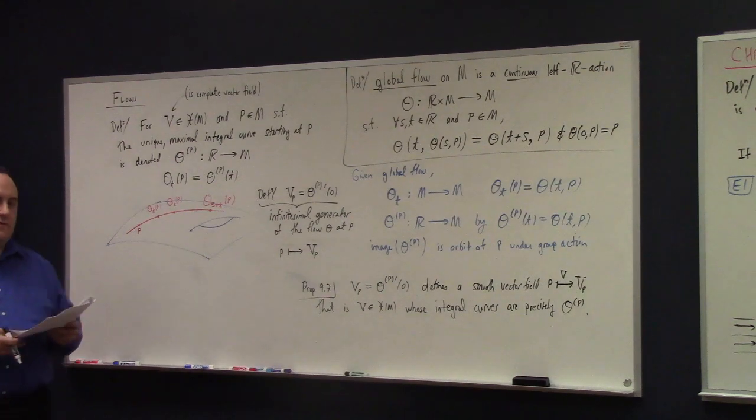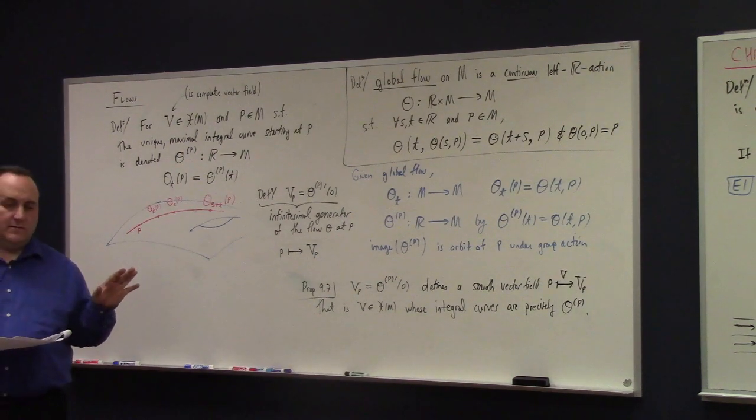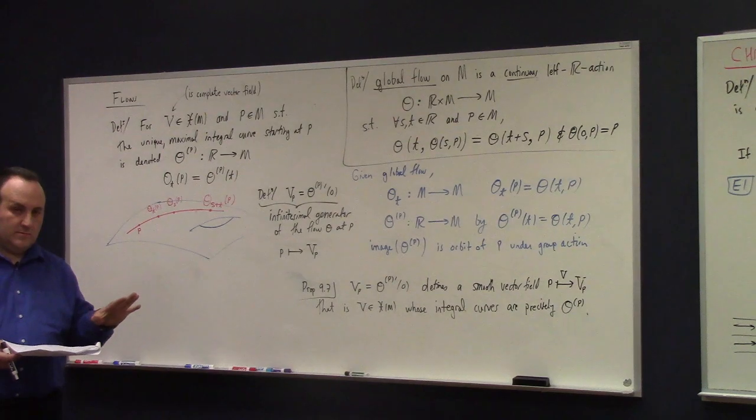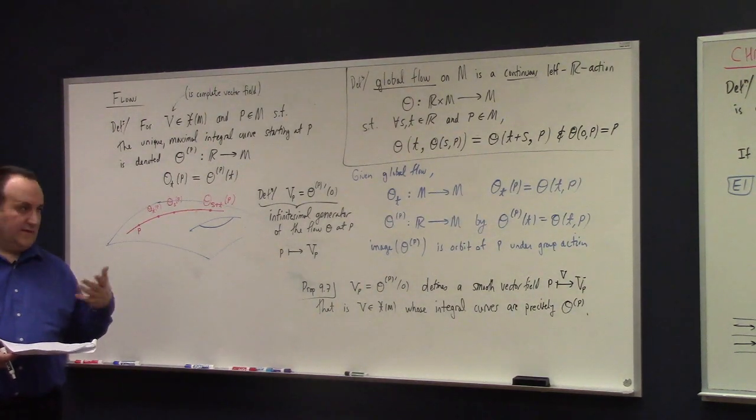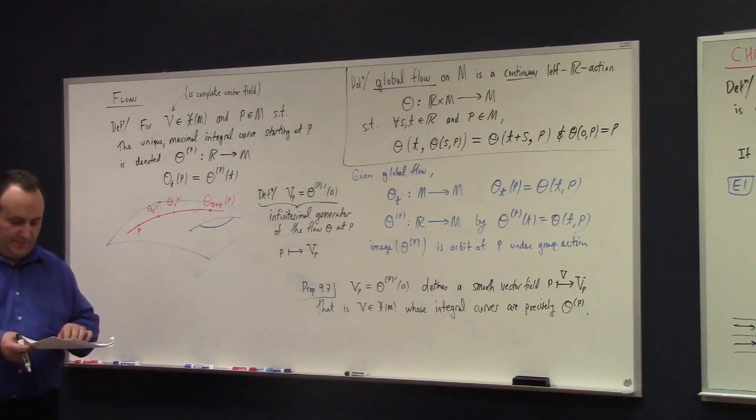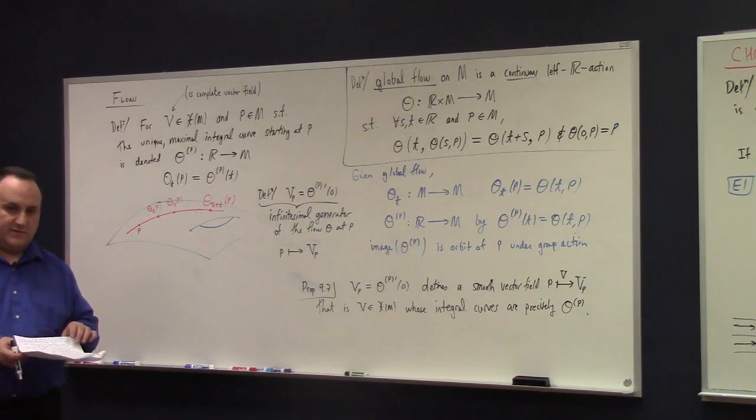Now, I am assuming here that to get a smooth vector field, we do need a smooth flow. But if that's smooth, then that begets the smoothness that you want for the vector field generated.